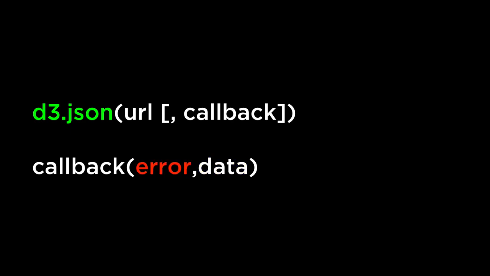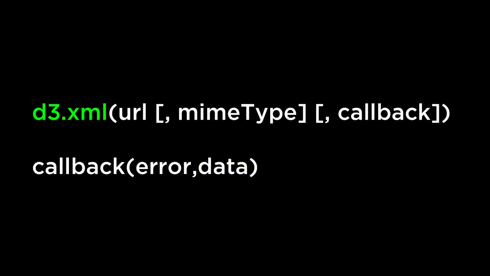The error, if it exists, is the error for why the request failed and the data will be undefined. If no error, then the data will contain the parsed JSON. What this means is that it will take the JavaScript object notation string returned and convert it to a JavaScript JSON object.